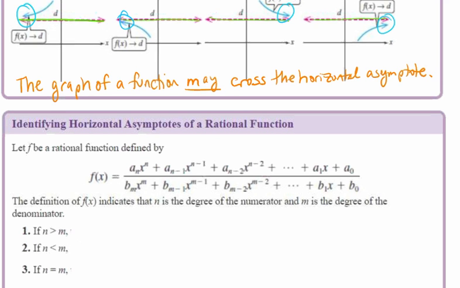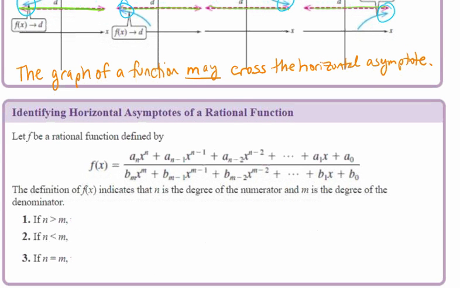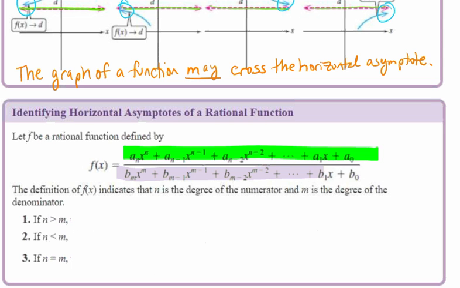So we can take a look here. If we let f be a rational function defined by this equation in the numerator and this equation in our denominator, then the definition of f of x indicates that n is the degree of the numerator and m is the degree of the denominator.